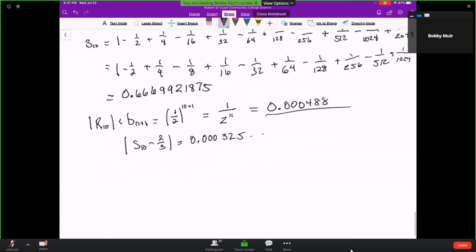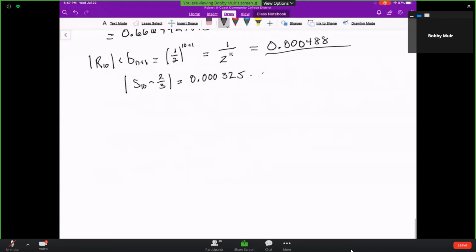Okay. And then you get problems like this, for example, the alternating harmonic series converges: the sum of (-1) to the n plus 1 over n.